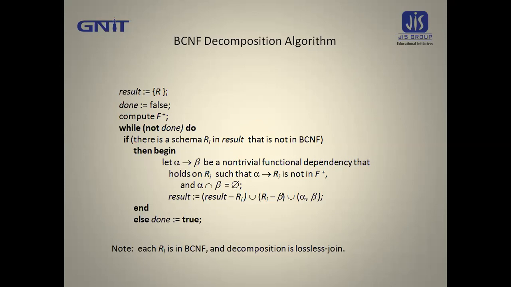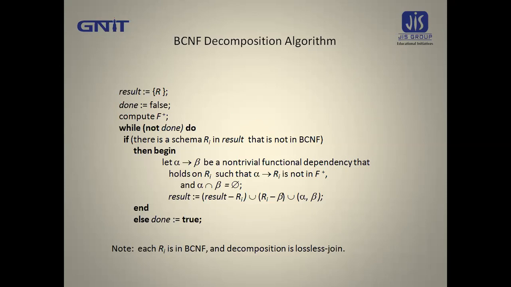Let alpha implies beta be a non-trivial functional dependency that holds on Ri. So we are beginning the process here, letting alpha implies beta be a non-trivial functional dependency which holds on Ri, such that alpha implies Ri is not in F plus, that is the F closure, and alpha intersection beta is null.